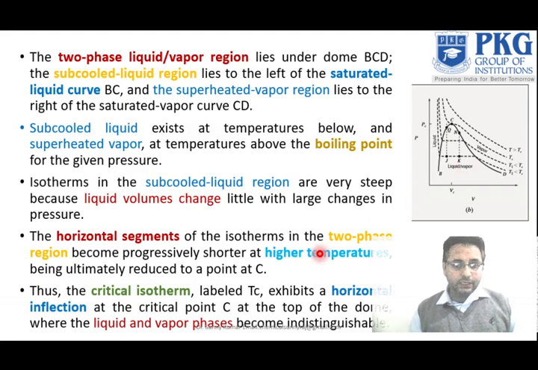Thus the critical isotherm, labeled Tc, exhibits a horizontal inflection at the critical point C. At the top of the dome, the liquid and vapor phases become indistinguishable.